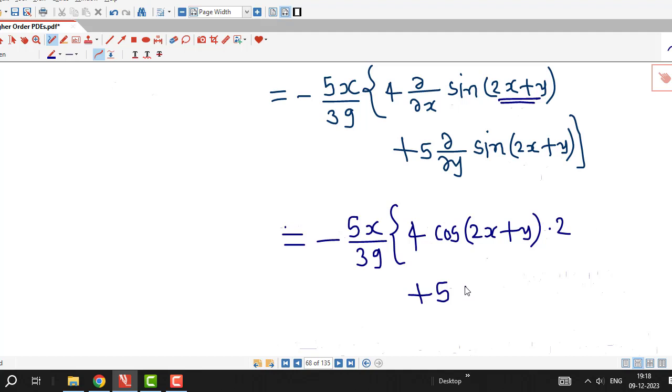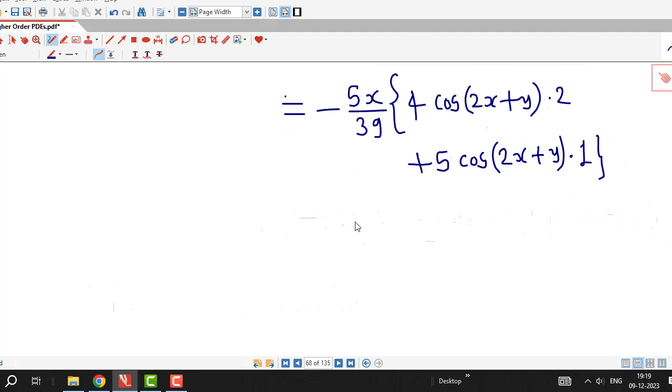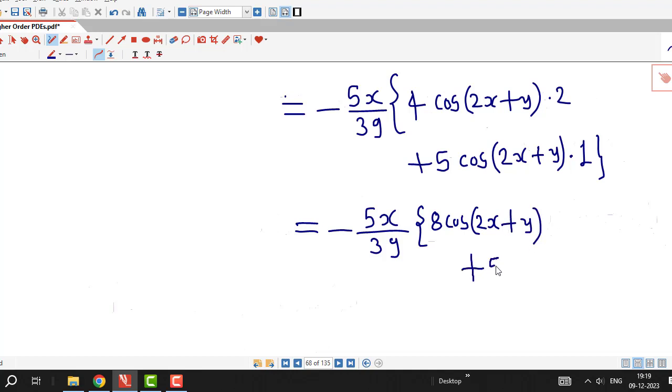Same thing here. First we differentiate sine function with respect to y, that is cosine of 2x plus y, into partial derivative of 2x plus y with respect to y, which is 1. And now let me rearrange all these things. This is minus 5x by 39. This is going to be 8 times cosine of 2x plus y plus 5 times cosine of 2x plus y.